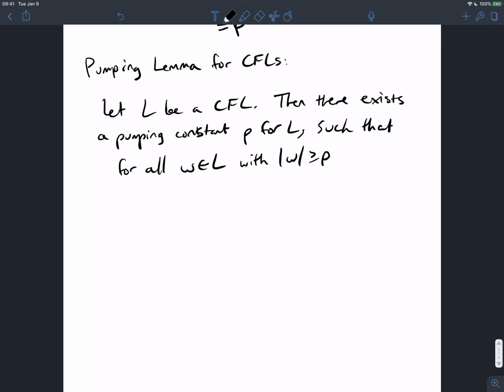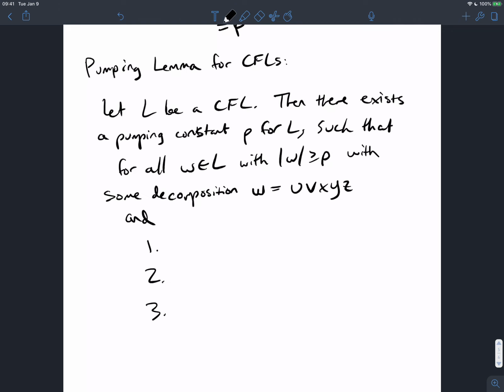I'm not saying every way works, but some way works for all W in L with W's length at least P, with some decomposition, W is U, V, X, Y, Z. And the 3 conditions.